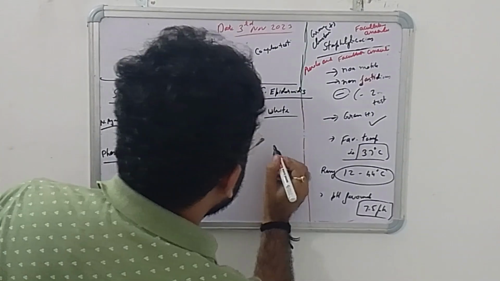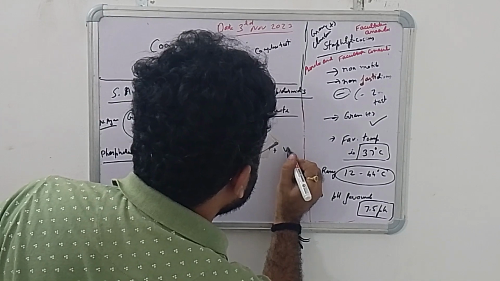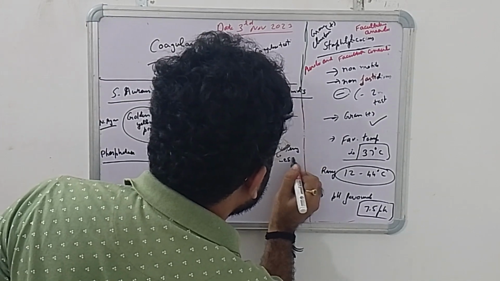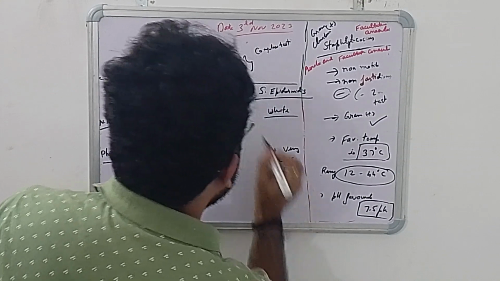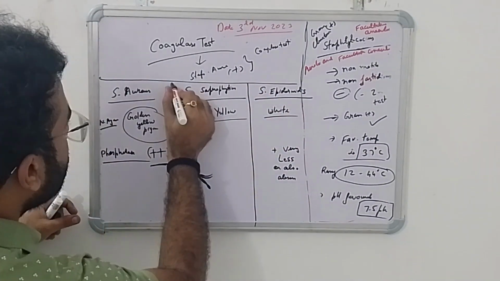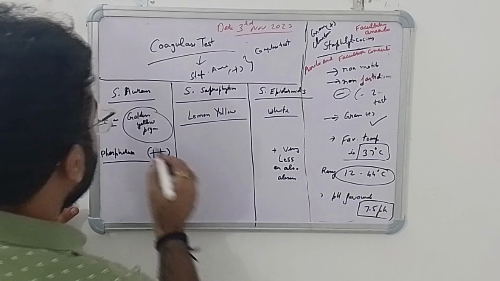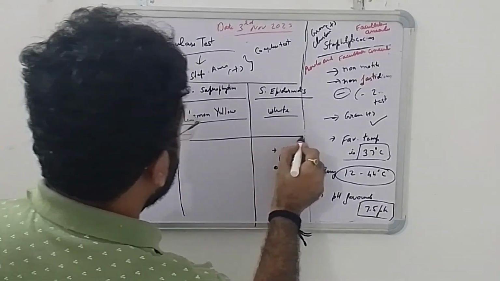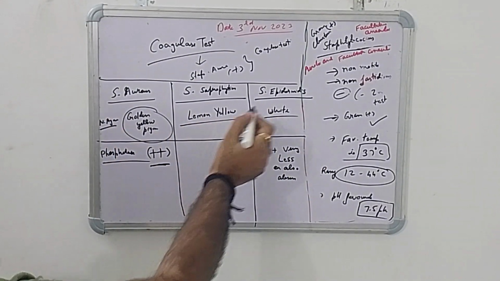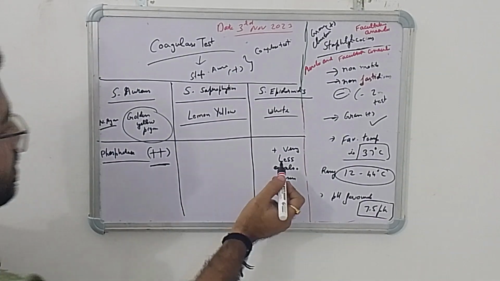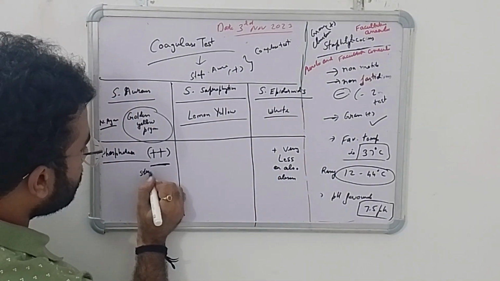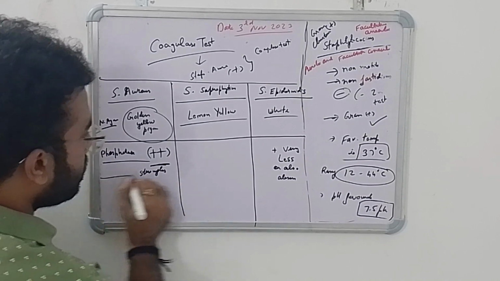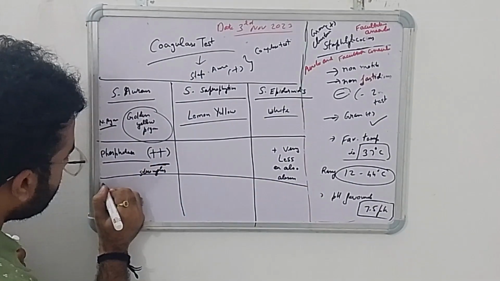Here also it will be positive, but very less, or also absent in S epidermidis. So on nutrient agar: golden yellow, lemon yellow, white, and phosphatase very less or absent, and this one positive, strongly present.